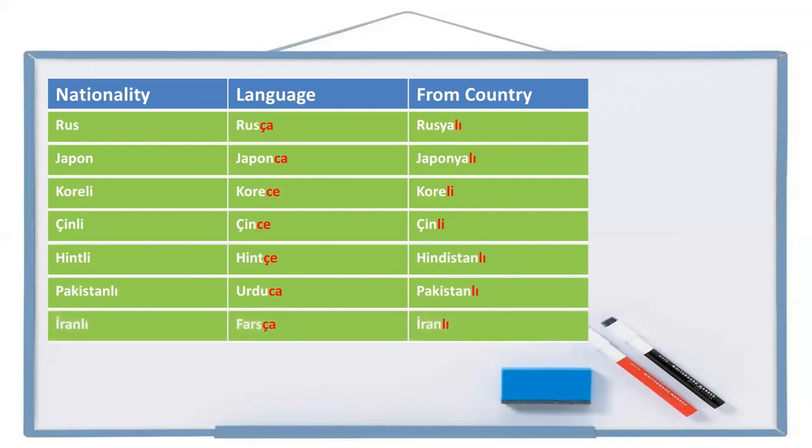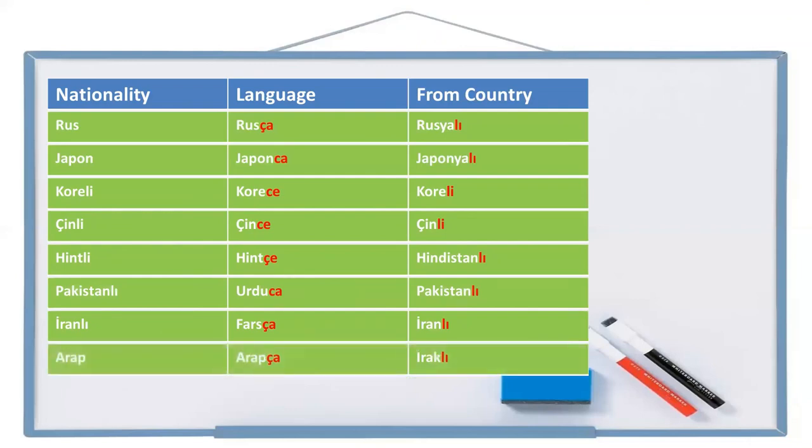Another one. The nationality Iranian is İranlı. The language is Farsça. The country is Iran. From that country, İranlı. Another one. The nationality Arab is Arap, and the language Arabic is Arapça, and any country that Arabs live, in this example is Iraq, is Irak.